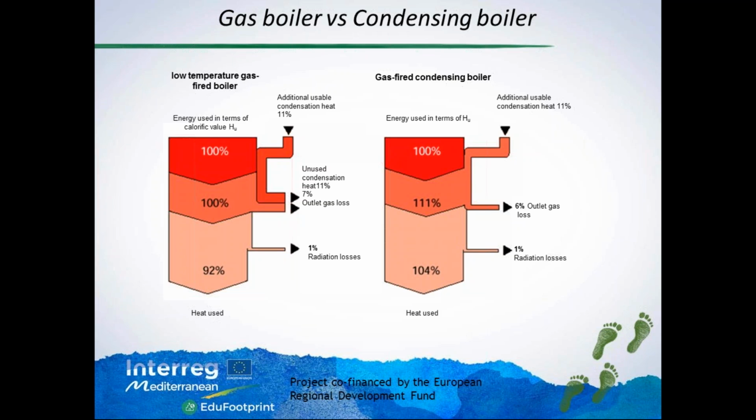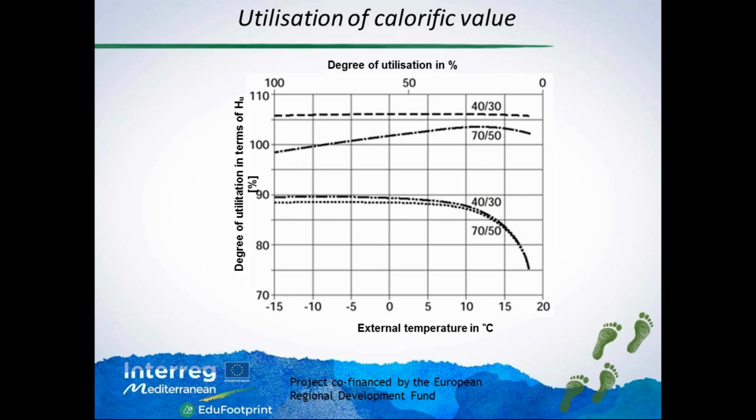And so the average efficiency of a condensing boiler is higher than 100%, which is against the thermal laws, but it's only because of how the 100% is defined. And it was decided not to change the whole accounting system for all other boilers, and so this is the motivation why we have an efficiency which is higher than 100%.